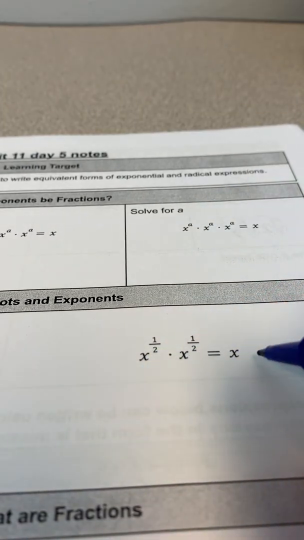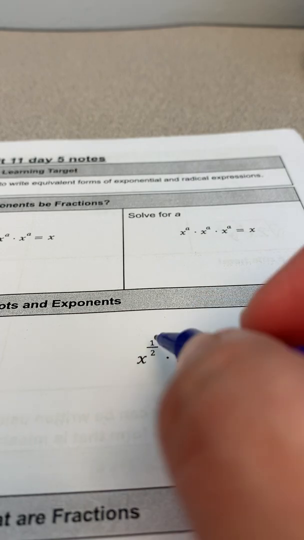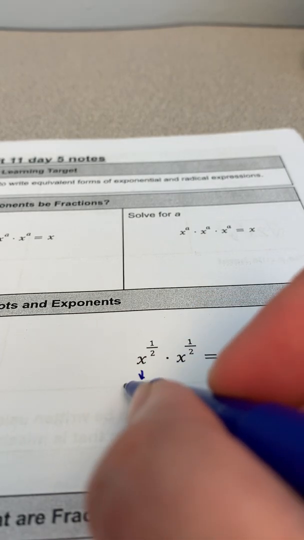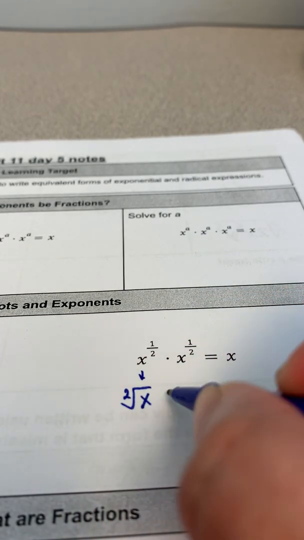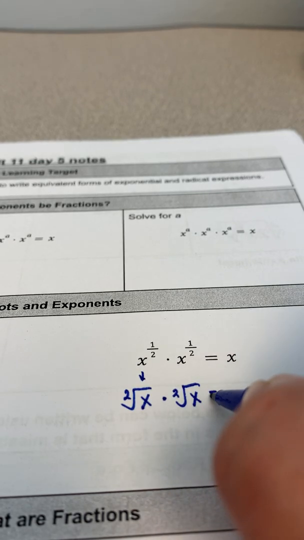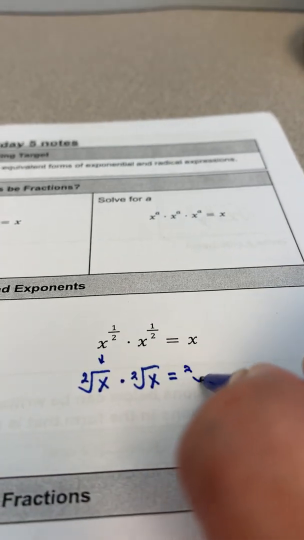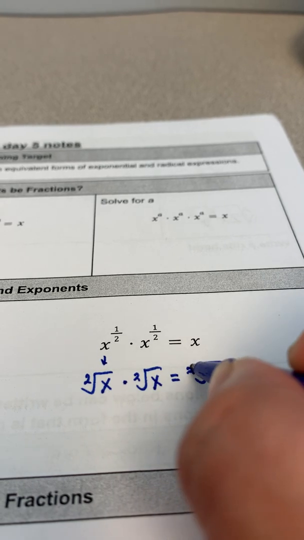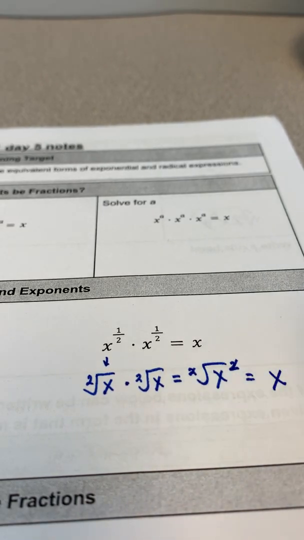And if I'm reversing it, this means 2 root of x times 2 root of x. This is 2 root of x squared. And again, those 2's cancel out. We just have an x.